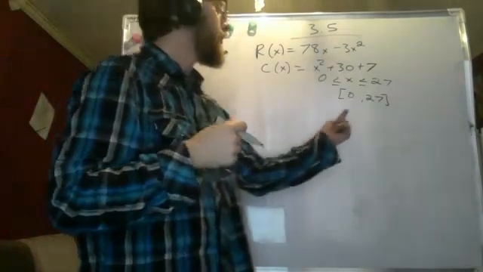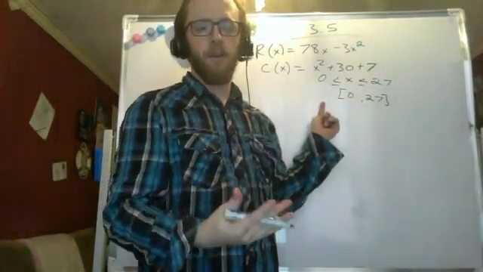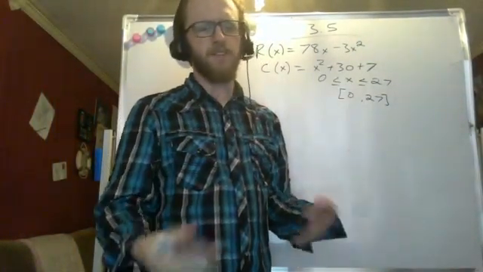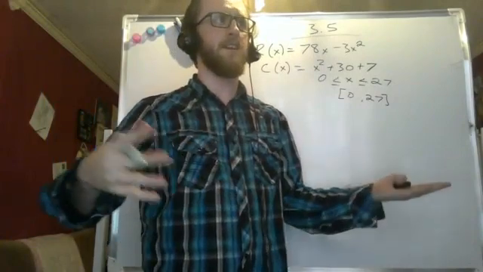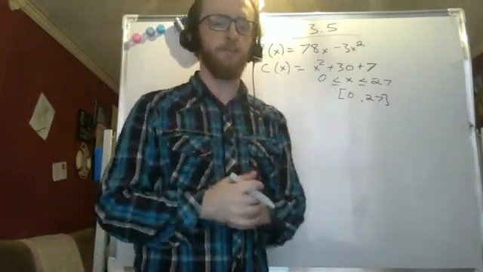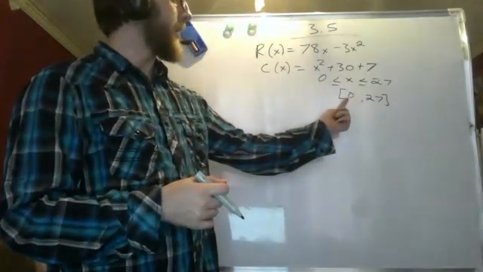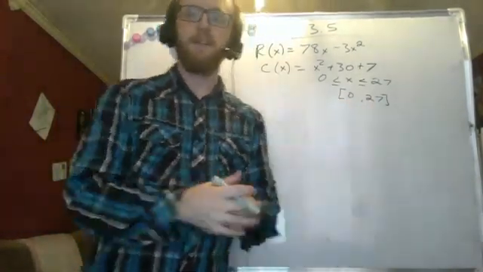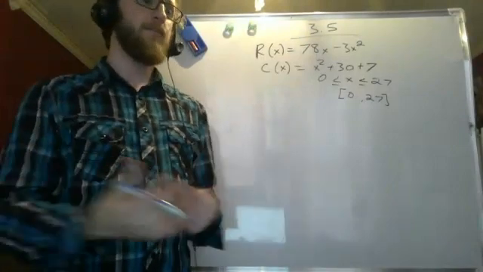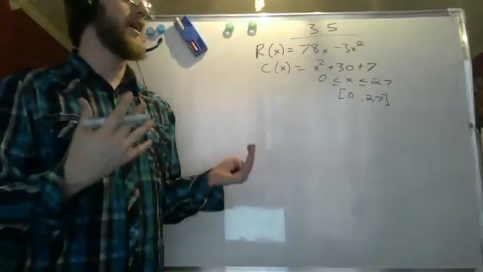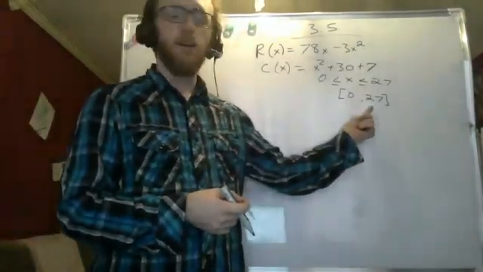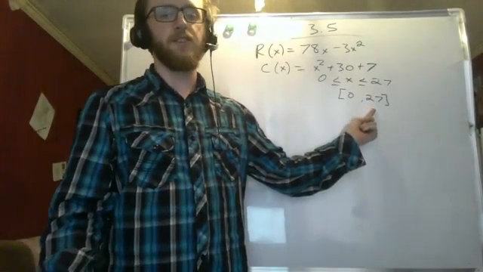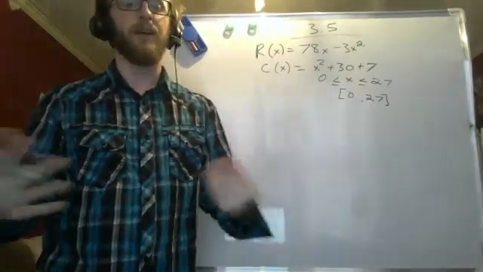Well, producing a negative number of barrels doesn't really make sense. What does it mean to create -2 barrels? That doesn't make sense. So we bound it by 0. Additionally, maybe there's some limit to how many you can manufacture. Maybe your particular manufacturer can only produce 27 barrels for some reason. That's the most they can produce in a week.